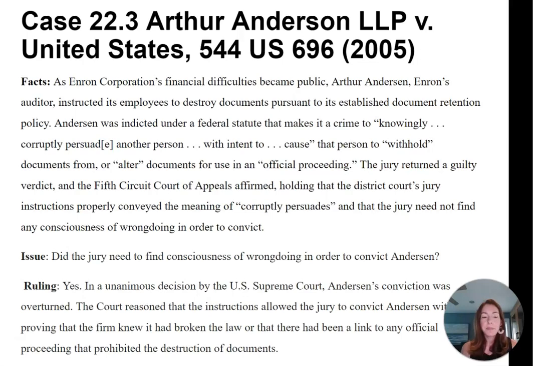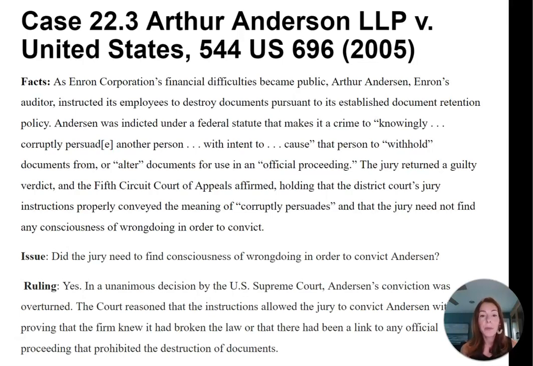So Anderson was indicted under a federal statute, and the federal statute makes it a crime to knowingly, corruptly persuade another person, and so on and so forth, to destroy or alter documents when there's an official proceeding. So the jury found a guilty verdict for Arthur Anderson.